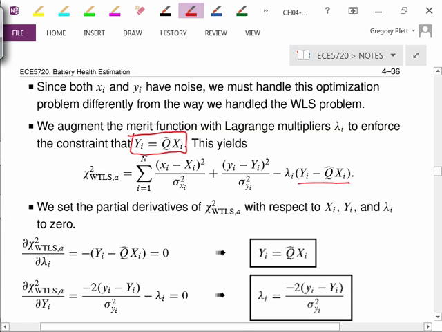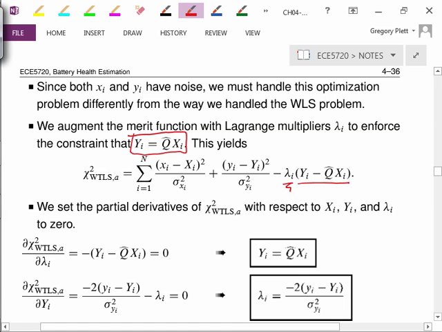So I'm not really adding anything of consequence to the cost function. I'm adding zero to the cost function, but I'm adding zero in such a way that when you go through the math, it enforces that being zero in the cost function, and we'll see exactly where that happens.